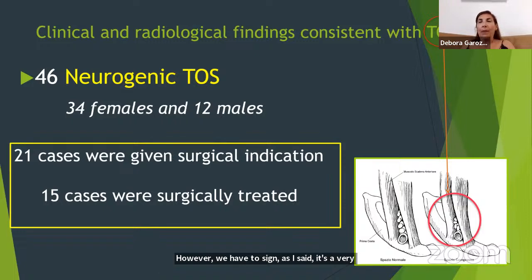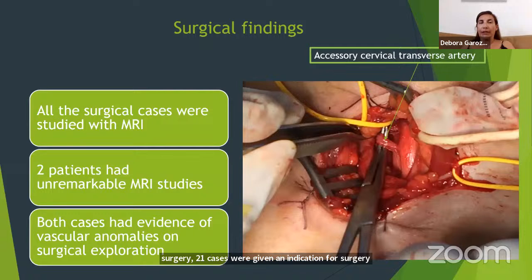And to go back to my series, out of those 46 neurogenic DOS, 21 cases were given an indication for surgery, and 15 of them eventually accepted to be surgically treated.